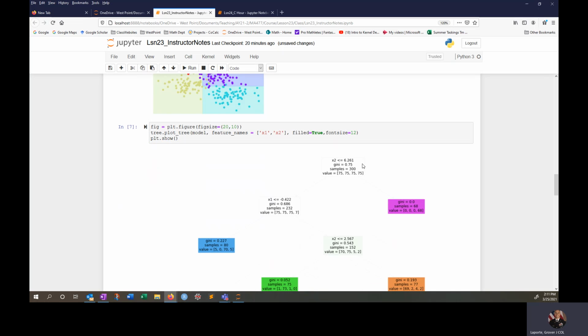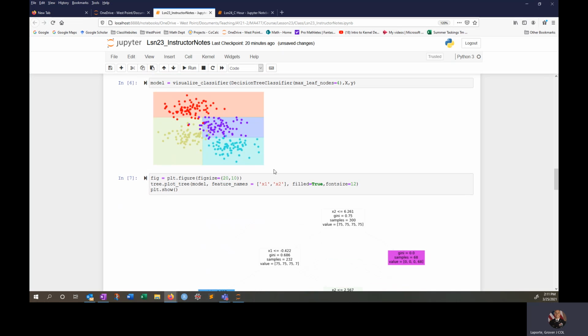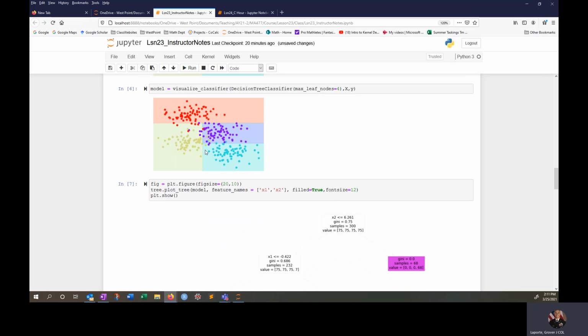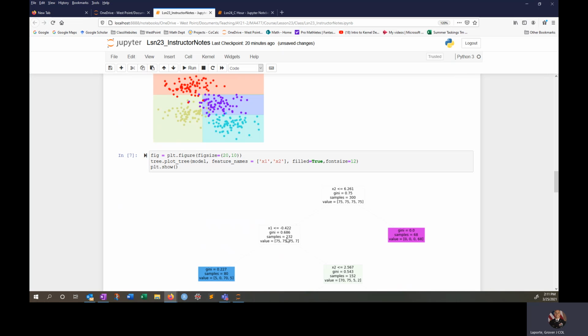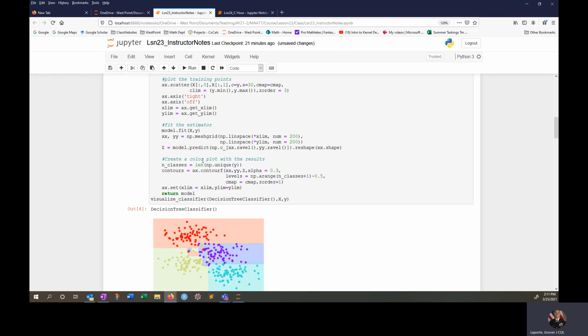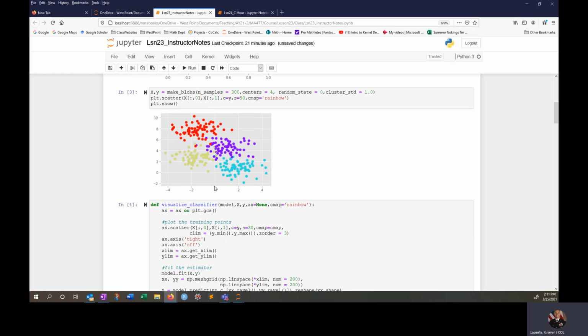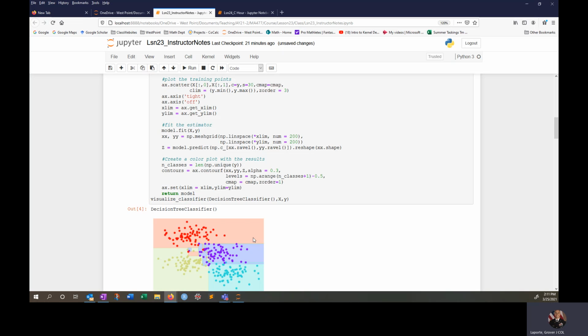We're going to separate the data into that. So we got the stuff that's above and the stuff that's below, and then this next one is separating us at x1 is less than -0.422. So that is -0.422, and it only goes up to that point right there.